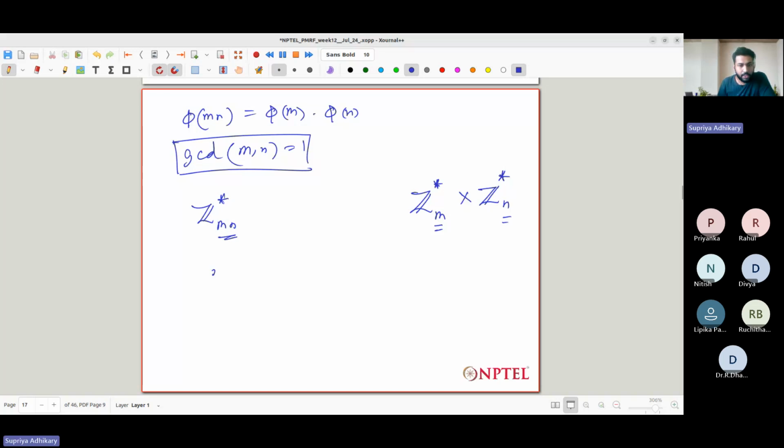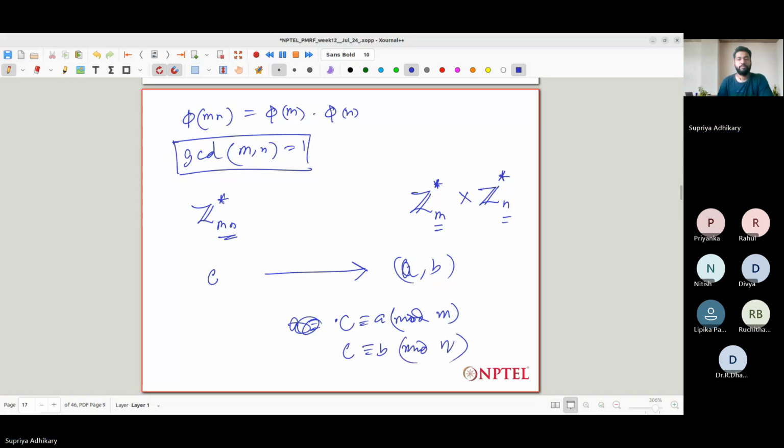Now, if we consider any element c over here, we can map it to this pair ab in this way: c is congruent to a mod m, and c is congruent to b mod n. So under modulus m, this c gives us a, and under modulus n, this gives us b. This is how we are mapping this.